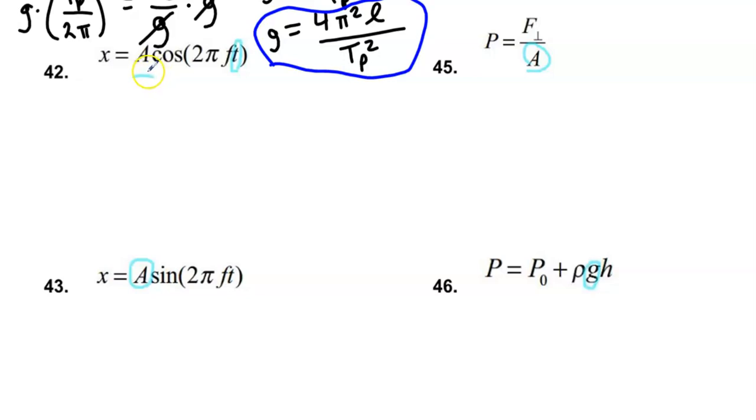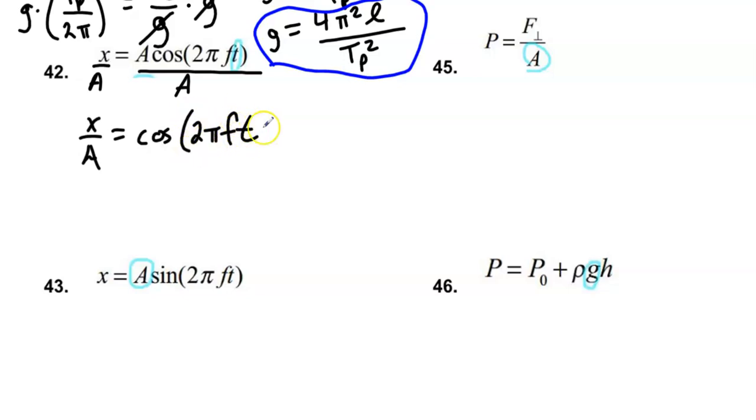Let's move the A over. That's not that bad. So x divided by A equals cosine of 2 pi f t, and we're solving for t.